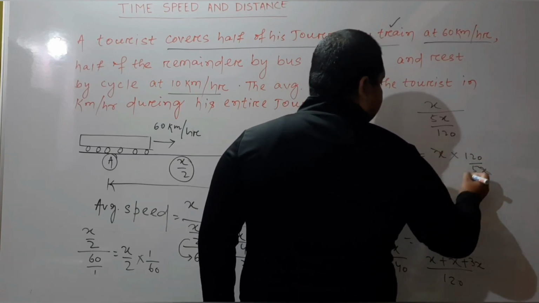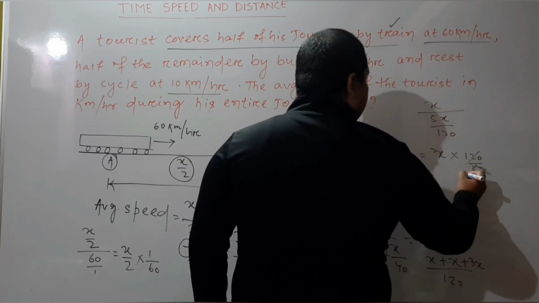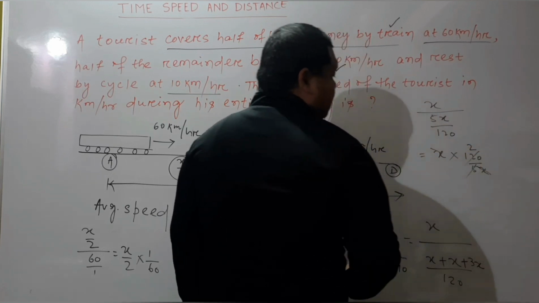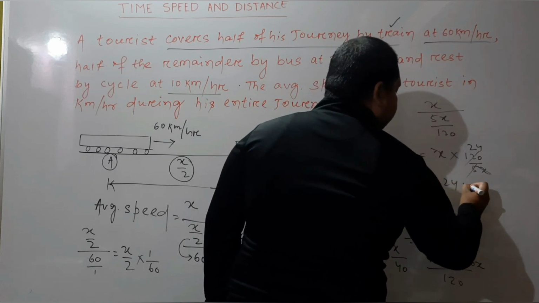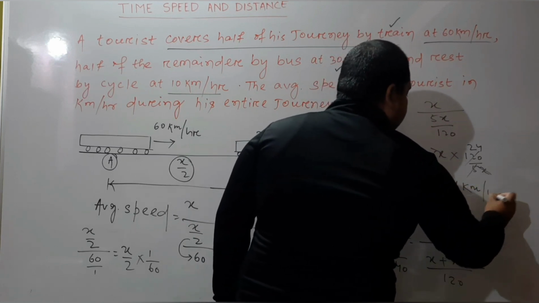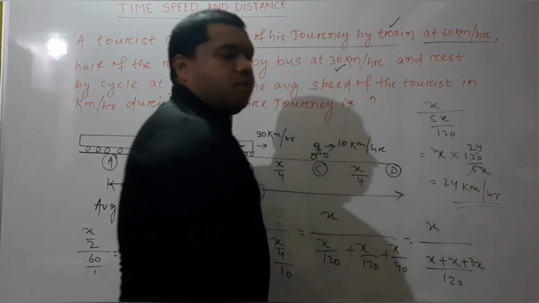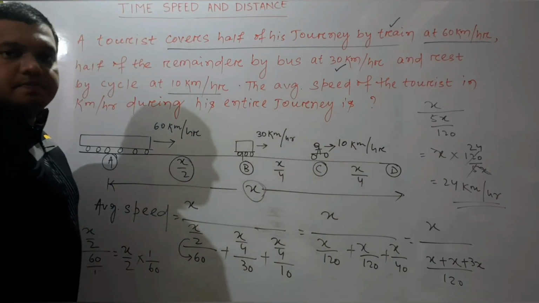X gets cancelled, and if you simplify this, your answer is 24 km per hour. Your average speed is 24 km per hour. Clear?